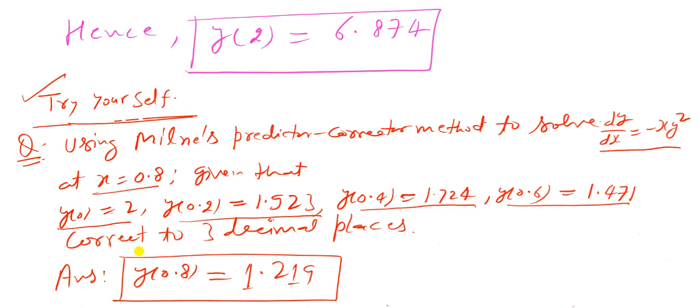Using the same procedure I told you in the previous question, compute the value of y at x is equal to 0.8, and it will be 1.219, correct to 3 decimal places.